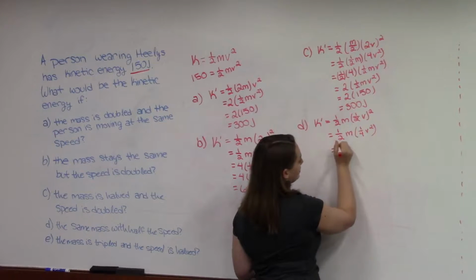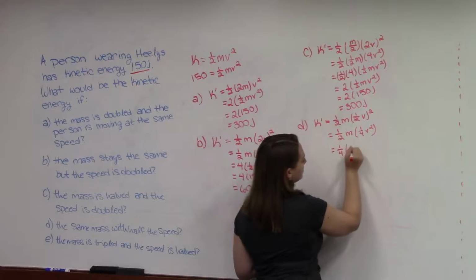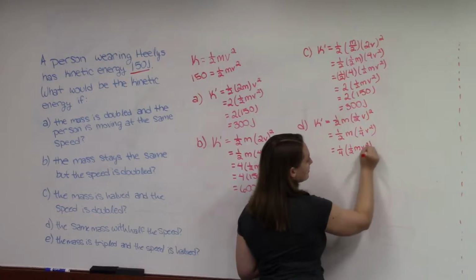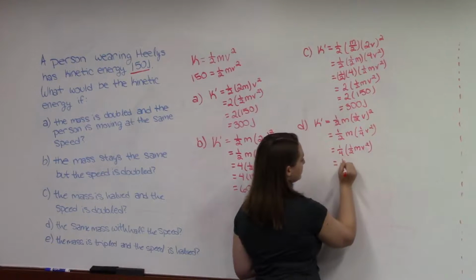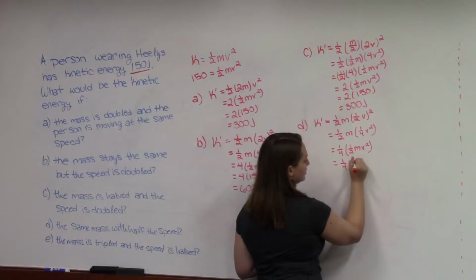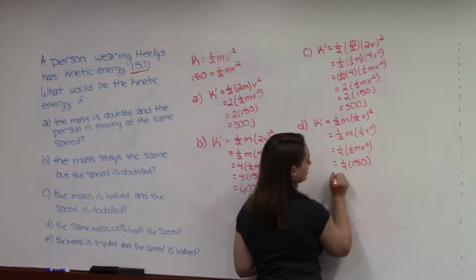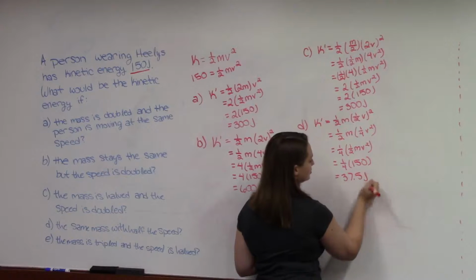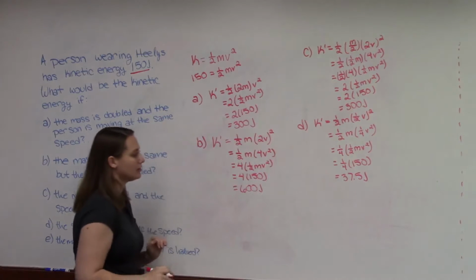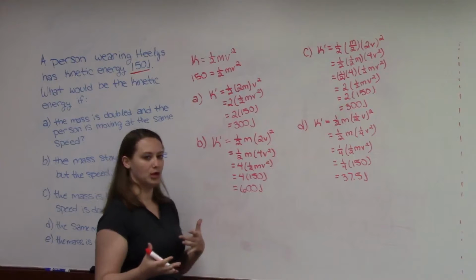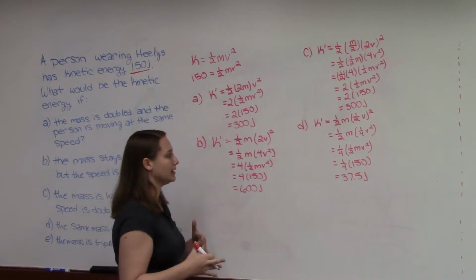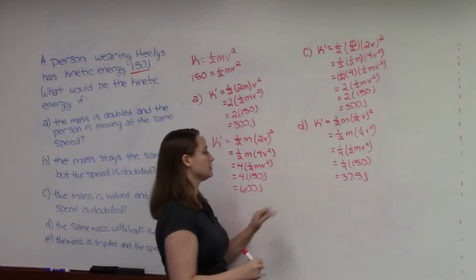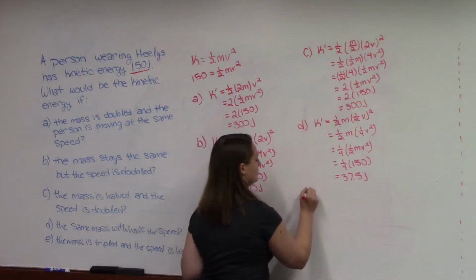We pull out that 1/4 and we get our 1/2 mv squared together. So that's 1/4 times our 150, which gives us 37.5 joules. Right, so that's much smaller than had we just halved the mass. All right, so we have that 37.5.